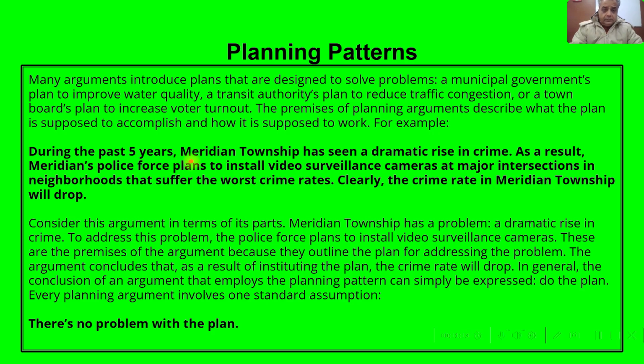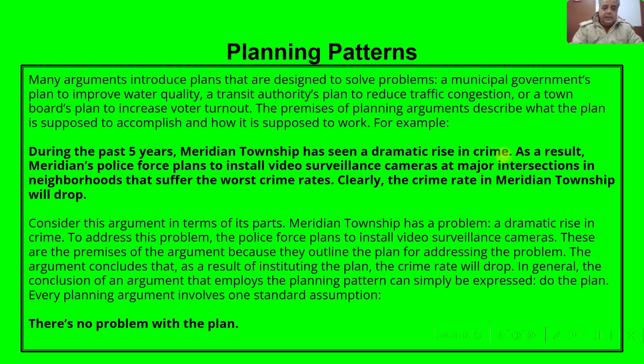So, this is a situation here that in the Meridian Township, there has been a significant rise in crime, and people are all frustrated because of it, and the press is also castigating the police officers that the police force is not functioning properly.